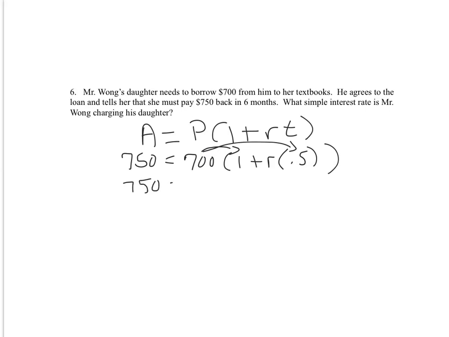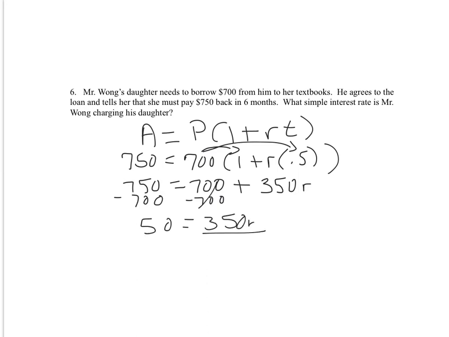And I get 750 equals 700 times 1 is 700. Plus, if I multiply 700 times 0.5, that's 350 times R. So here's what we have right now. If we subtract 700 from each side, then 50 is equal to 350 times R. And if I divide each side by 350, look at the interest rate he's charging.